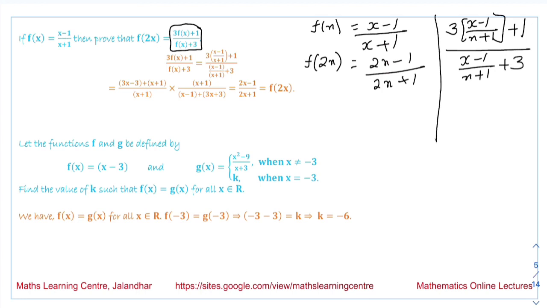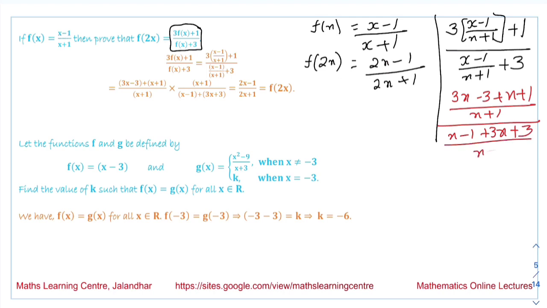So on solving this term, we are writing 3x minus 3 plus x plus 1 divided by x plus 1 over x minus 1 plus 3x plus 3 over x plus 1.